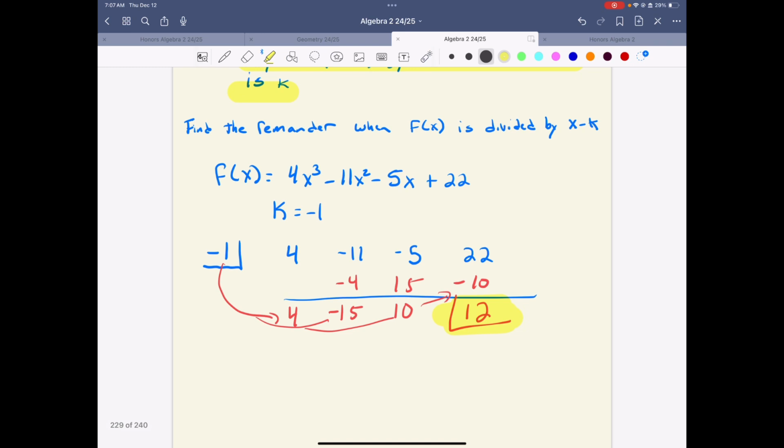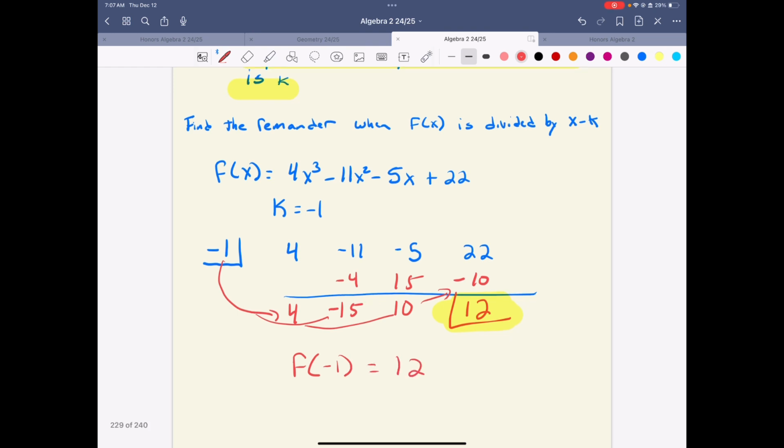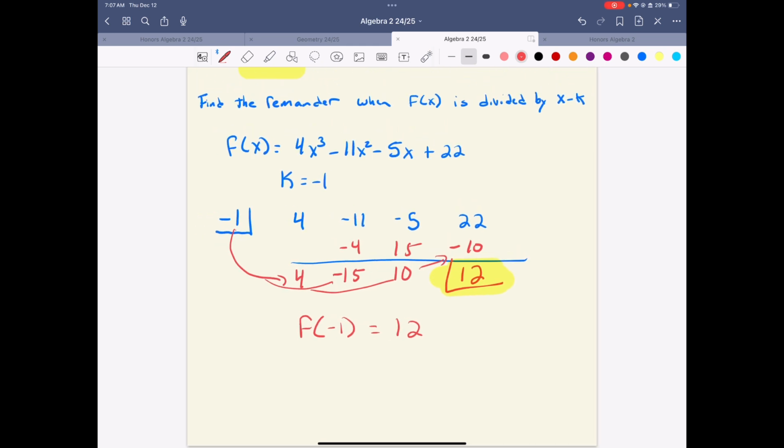Now, essentially what this remainder theorem tells us is that if I want to evaluate this function at f of -1, my answer is going to be 12. That's what the remainder theorem does. So if I plug the -1, and we've done this kind of substitution before, if I plug all of that into my calculator, this end result is actually going to be 12 as well.